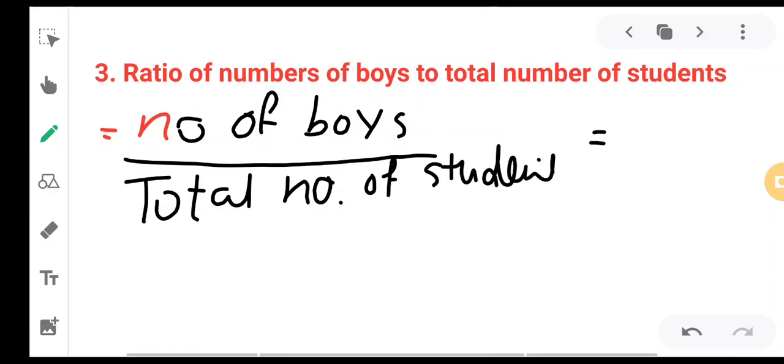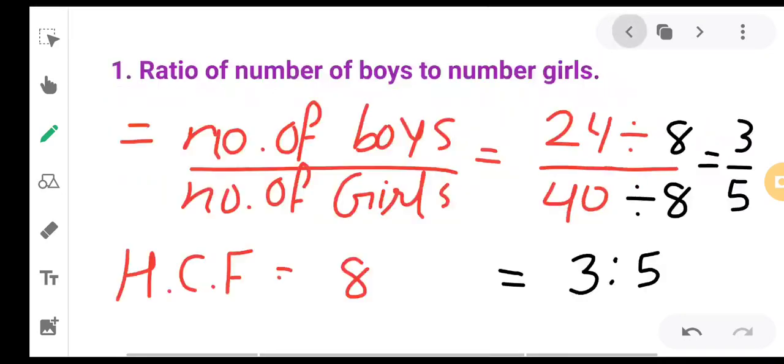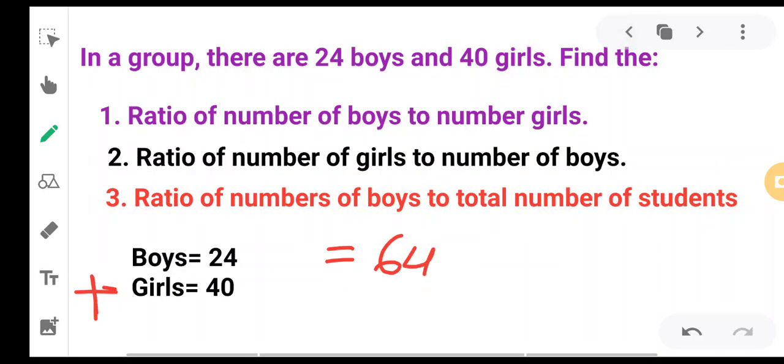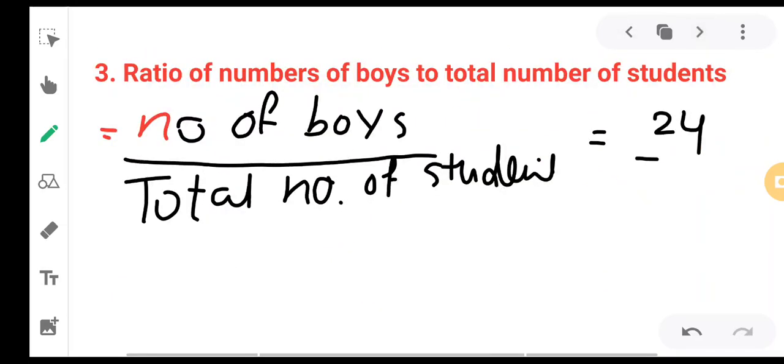The number of boys is 24, and the total number of students we already found, that is 64. So we are going to divide 24 by 64.